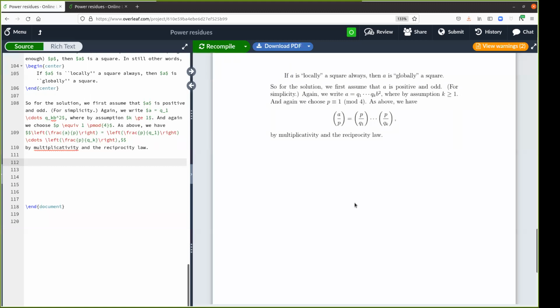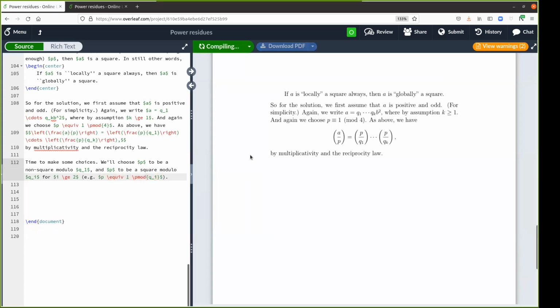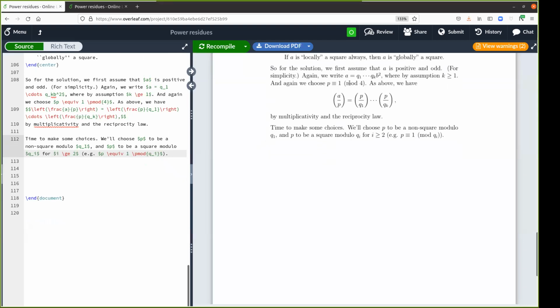Okay. And now we make some choices. First of all, we'll choose P to be a non-square modulo Q1 and P to be a square modulo all the other prime divisors of A. And this choice is possible because, first of all, Q1 is odd because A is odd by assumption, and hence we have some non-square modulo Q1.